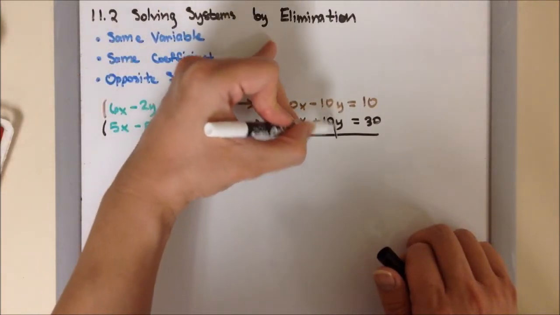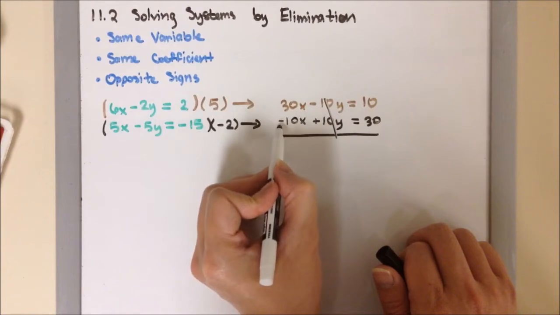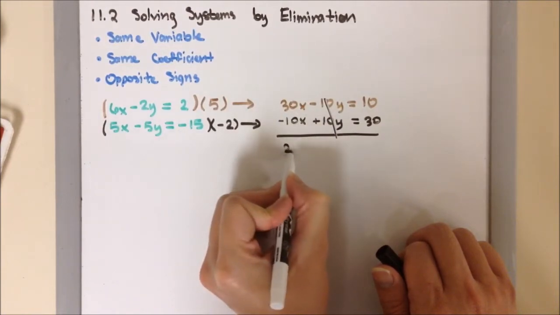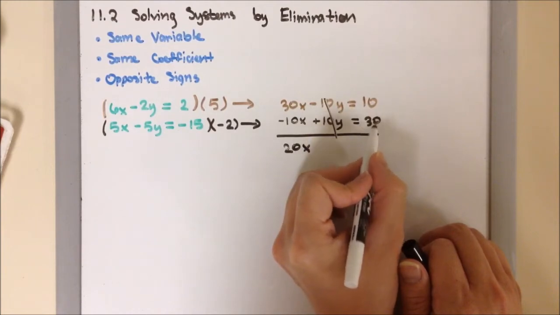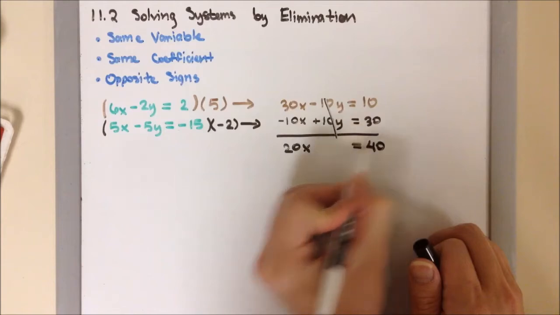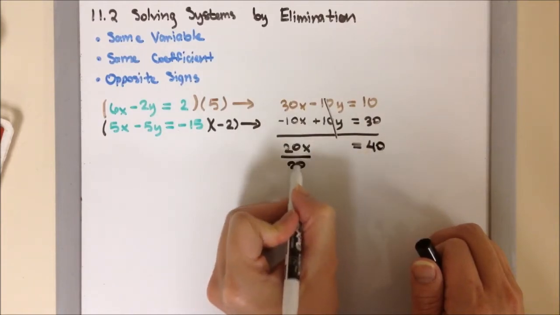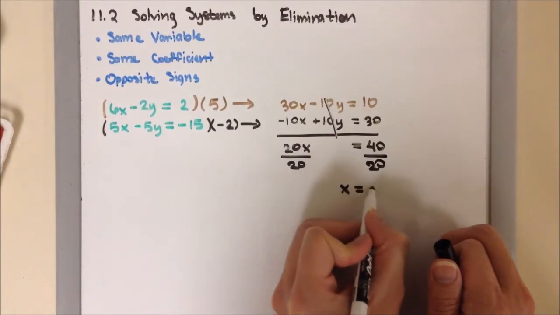We can eliminate that. And I'm going to combine my x's, so 30x minus 10x will be 20x. 10 combined with my positive 30, so I'm adding 30, which will be 40. Solve for x by dividing both sides by 20. So x equals 2.